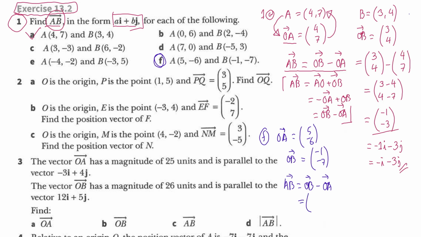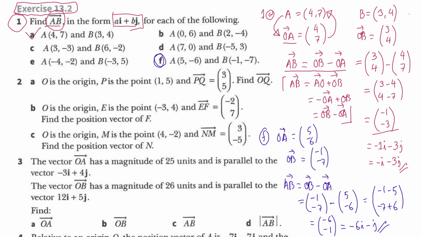Putting the value of OB, minus 1 by minus 7, and minus OA, which is 5 by minus 6. Now let us subtract: minus 1 minus 5, and the bottom one is minus 7 plus 6, so we get minus 6 and minus 1. So finally you can write minus 6i minus j, and that is our answer for this part.